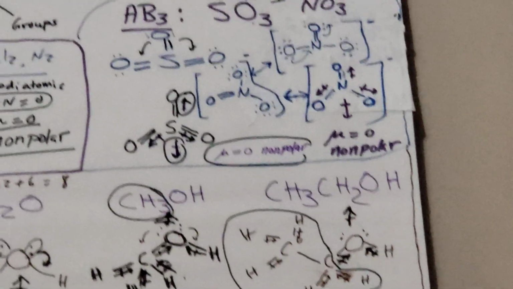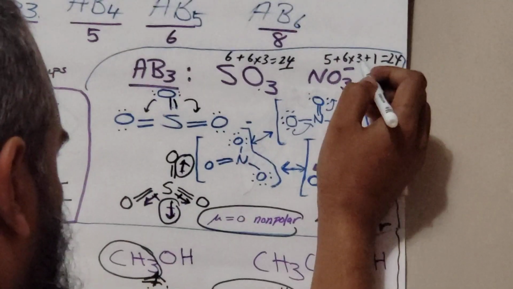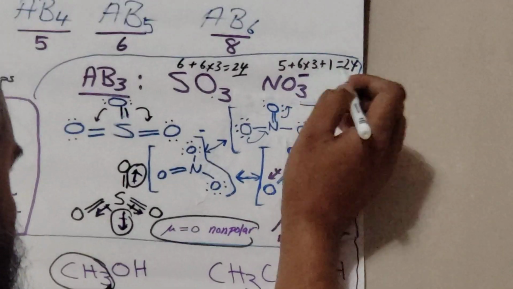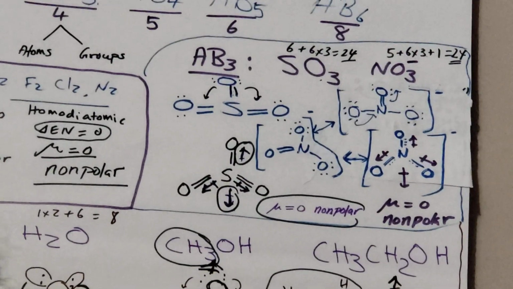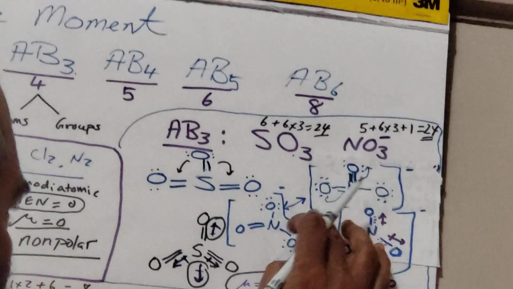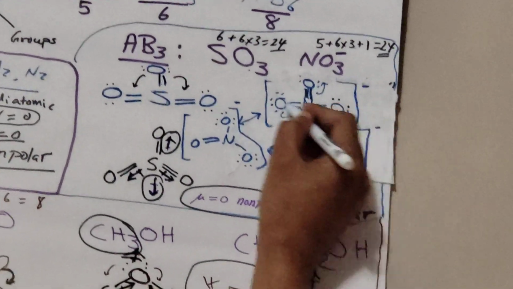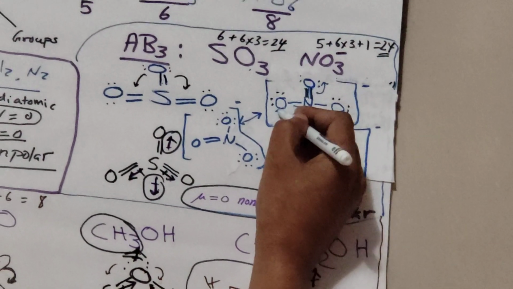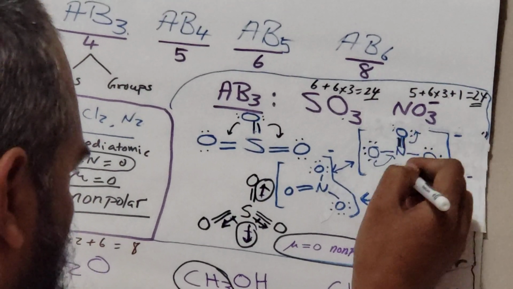On the other hand, in case of nitrogen, which is 5, 6 times 3 plus 1, this is negative, you have a total of 24. So if you draw this structure, it will be like this. If you count, here you have 8 electrons, right? Here you have 8 electrons, but you have a double bond here.